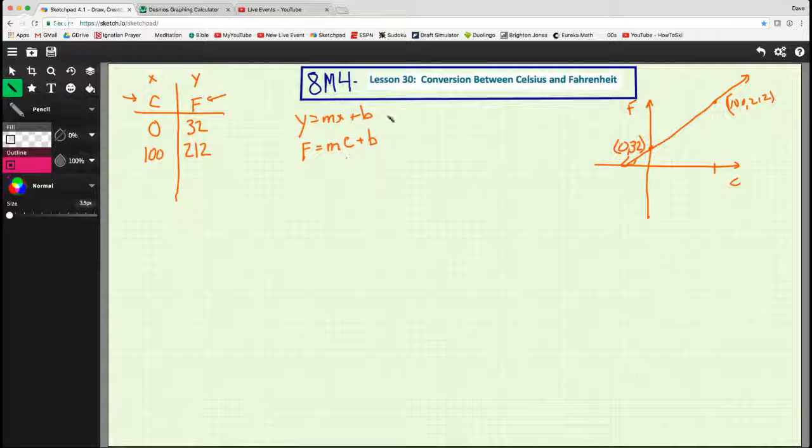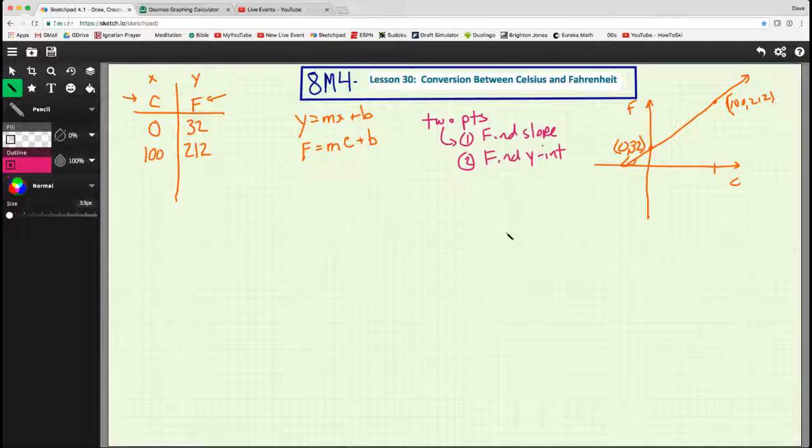So remember, when we have 2 points, first, we find our slope, and 2, we find our y-intercept.